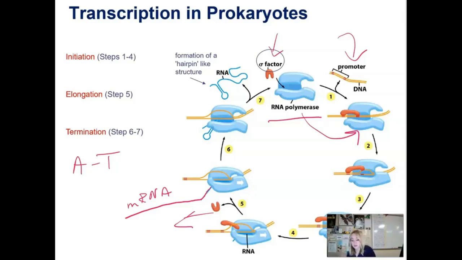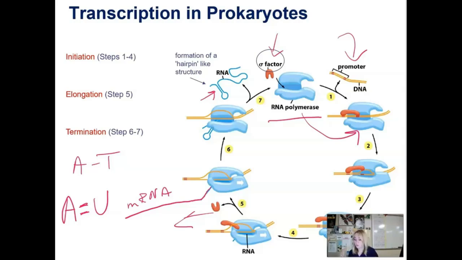And then you can see when you have A and U, they can actually form hydrogen bonds in between, and this is what happens. This tiny little hairpin-like structure is going to form, and this structure is going to signify the end of transcription. So RNA polymerase is going to dissociate from the DNA, release the DNA molecule so it can zip back up again, and then basically transcription is completed.